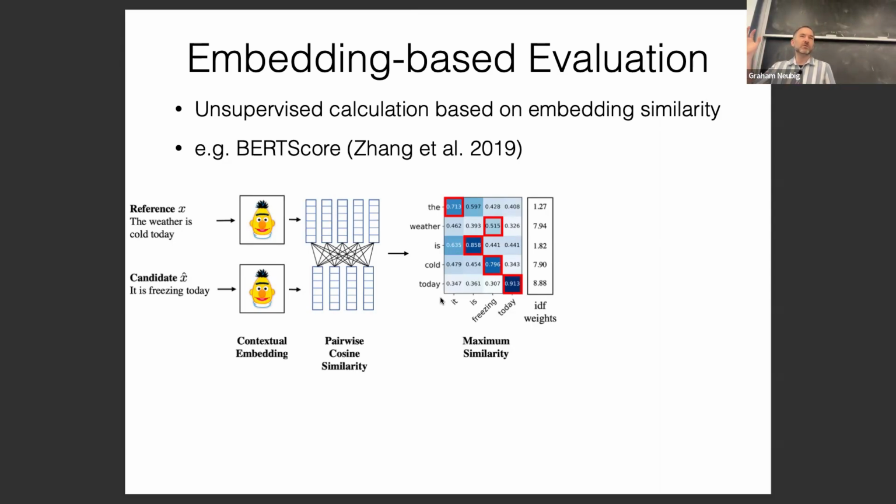People are familiar with precision and recall from machine learning. Precision is basically how accurate is the stuff you output, and recall is how much do you recall all of the things that you're supposed to output. So given this matrix, you take the maximum value in each row, and that indicates recall, because each row is a token in the reference, and you want to make sure that you have something that's close to each token in the reference.